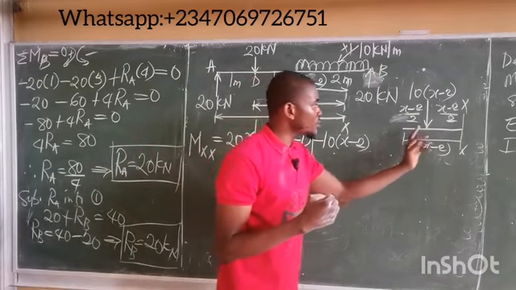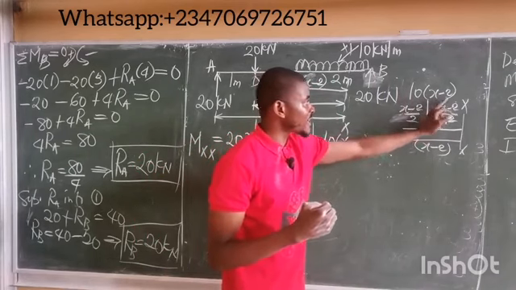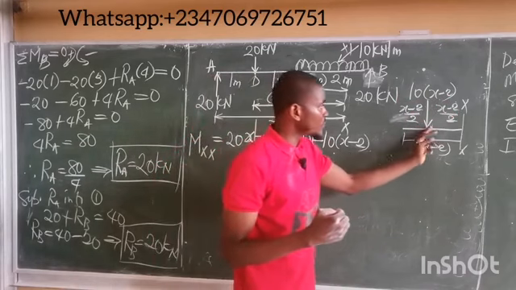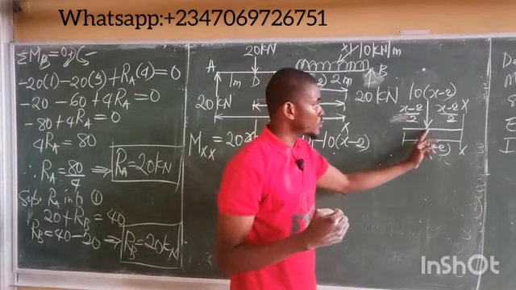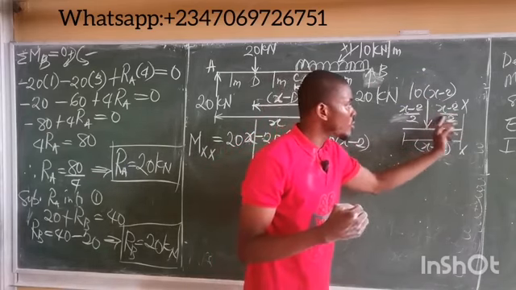Now, I want to take moment of this force about the point of section. Remember, the force now is 10 times x minus 2, which is what we have here. Therefore, the moment of this force about the point of section is this force times the distance it takes this force to get to the point of section, and that distance is simply x minus 2 all over 2.